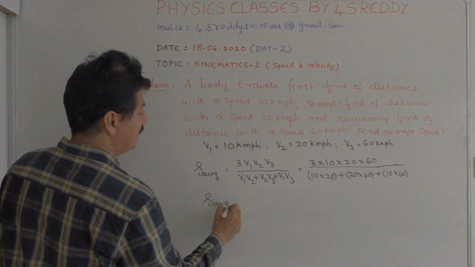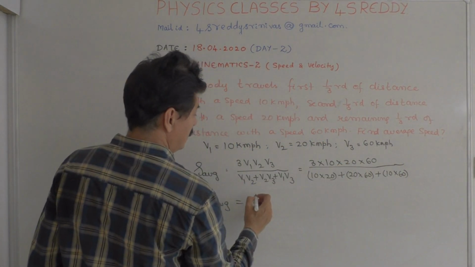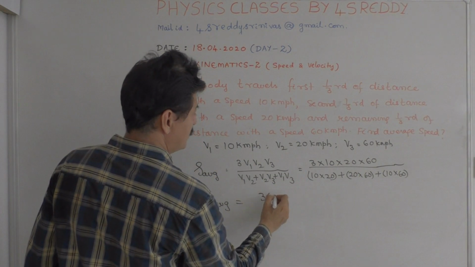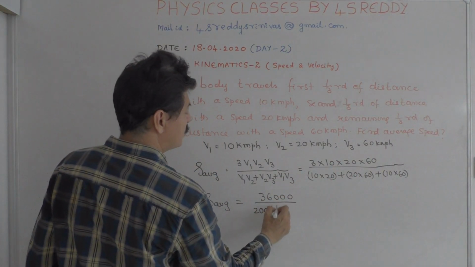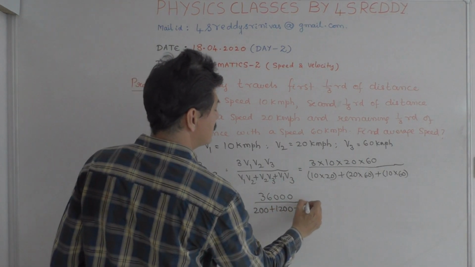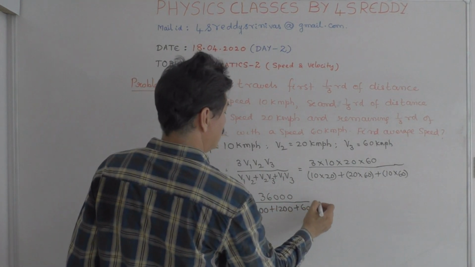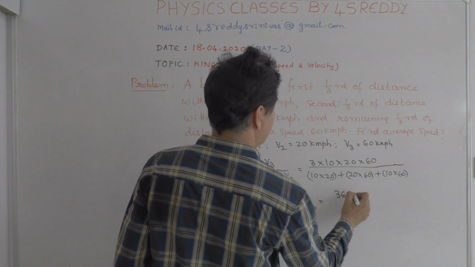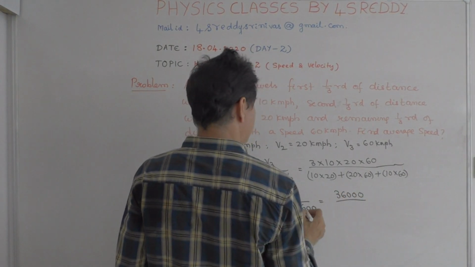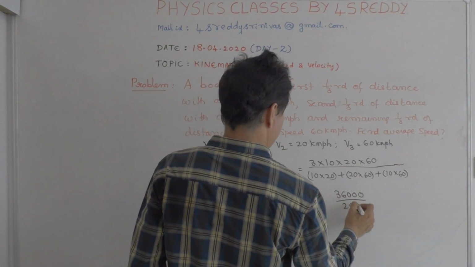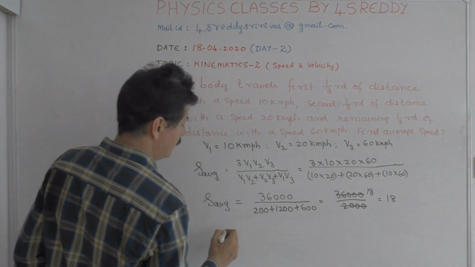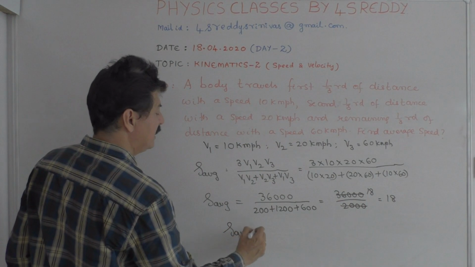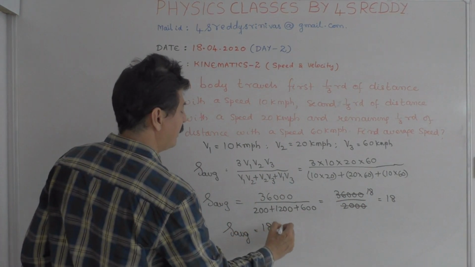Therefore, S average is given by 36,000 by (200 plus 1200 plus 600). This is 36,000 by 2000, which is 18. Therefore, S average is 18 kmph.